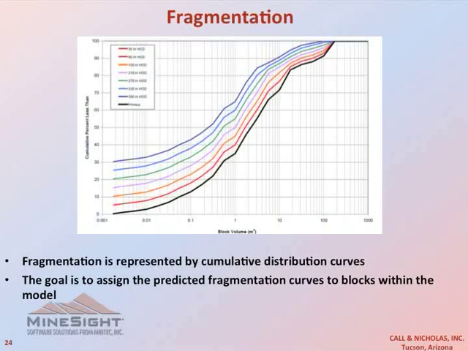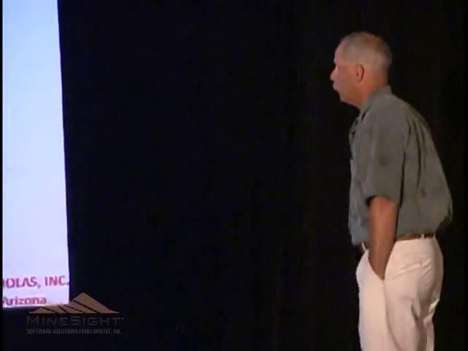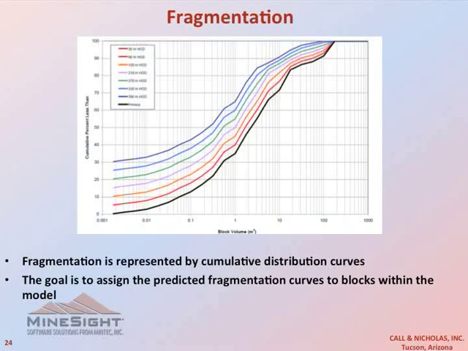What we get out of the size fraction analysis that we do is basically a distribution curve of the size versus the percent less than. This is an example of a block cave with differing heights of draw.